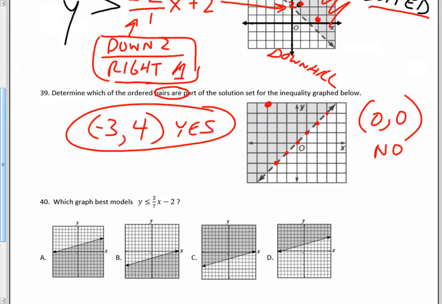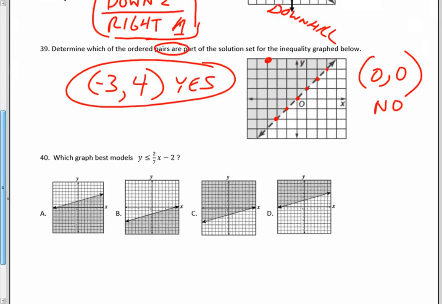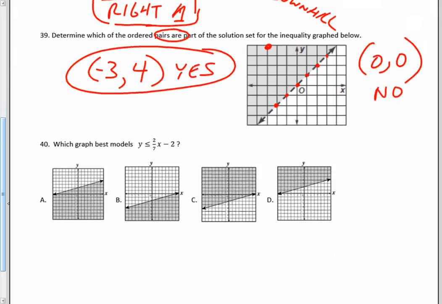Last one. Circle that. If it says less than, which way are you shading? Right. Down. Down or, oh, left? So which one shows down and to the left?